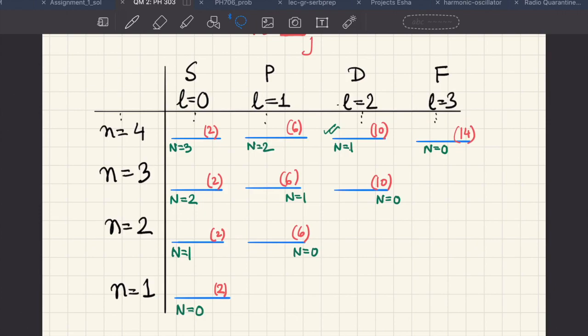We have here n equal to 1 and l equal to 0. Let us look at this state, n equal to 1 and l equal to 0.